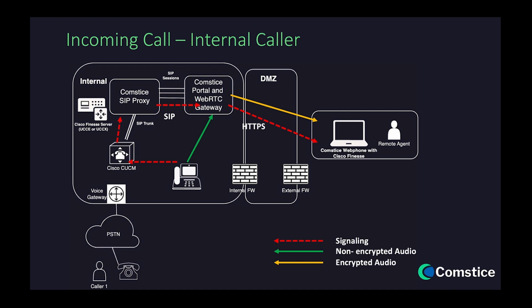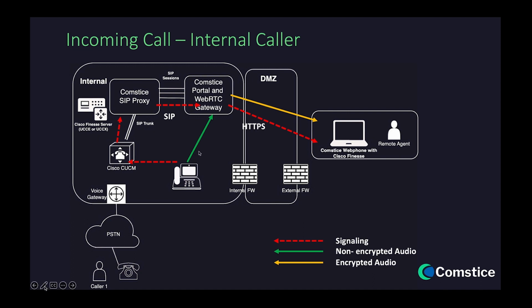One call leg is for the internal call, which is going to be the SIP call, and the other call leg is from the WebRTC gateway to the WebRTC session on the agent's web browser. As you can see, the WebRTC session is encrypted. WebRTC has to be encrypted because otherwise it's not going to work as a protocol.